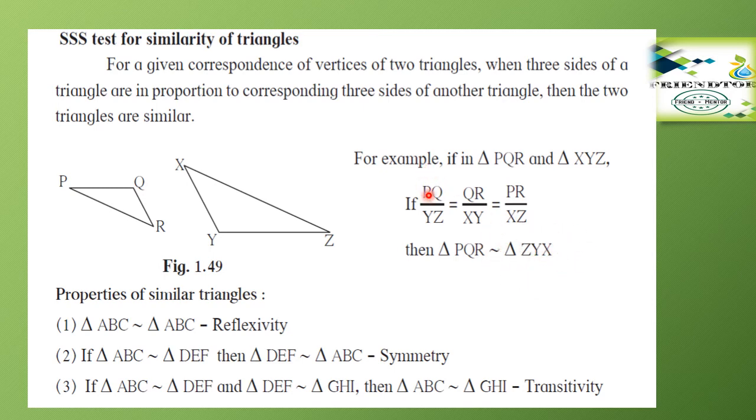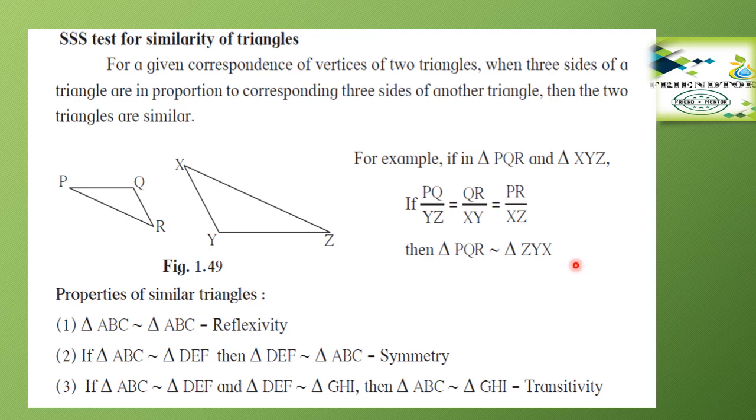Why? Because PQ upon YZ, PQ's corresponding side is YZ, QR's corresponding side is XY, and PR's corresponding side is XZ. So triangle PQR is similar to, for PQ it should be YZ, and for QR it should be XY, so ZYX.